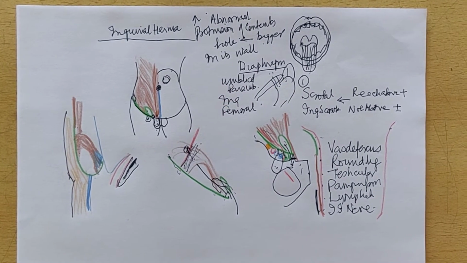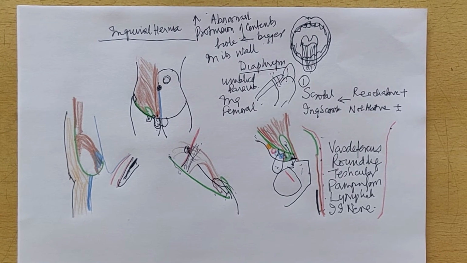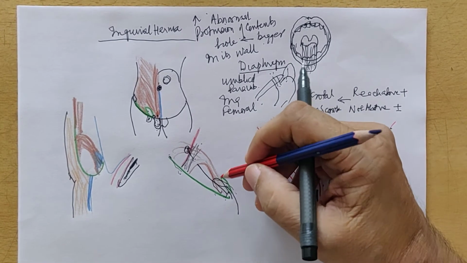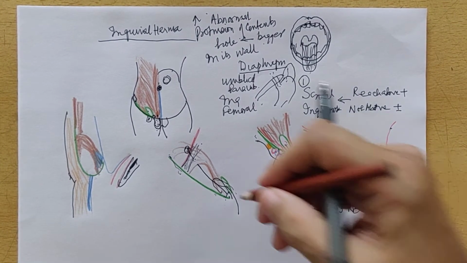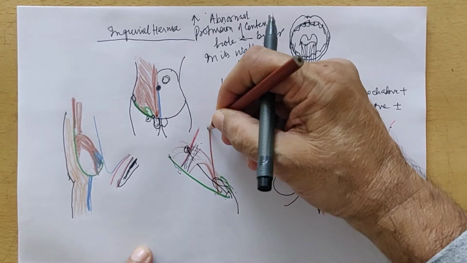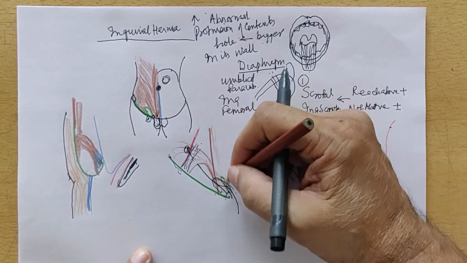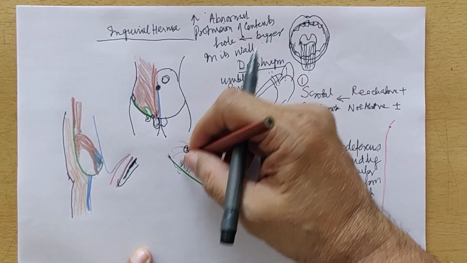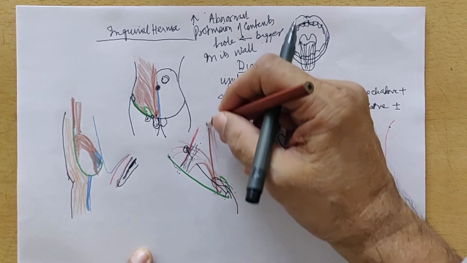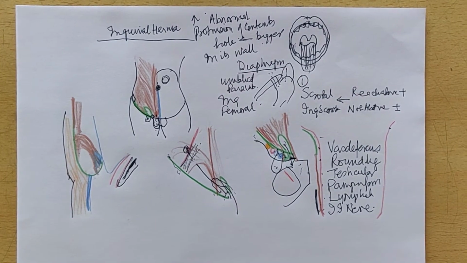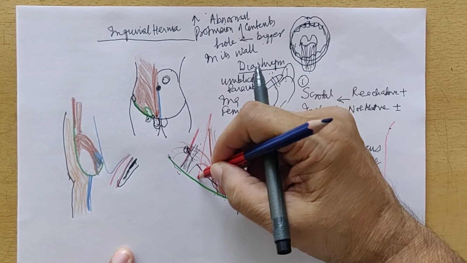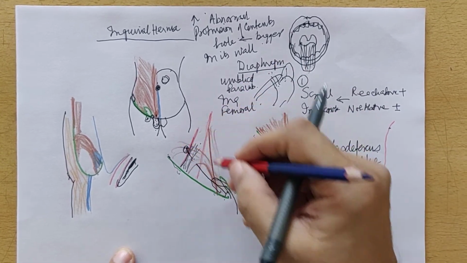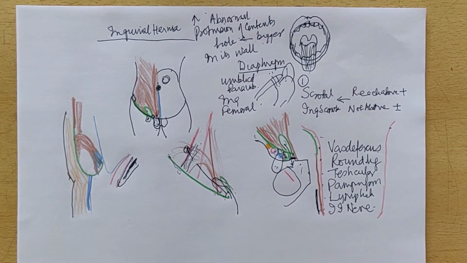Here you have the rectus abdominis muscle, and in this triangle between the inferior epigastric artery and the rectus abdominis, you have another artery, the umbilical artery, and this triangle is called Hesselbach's triangle.